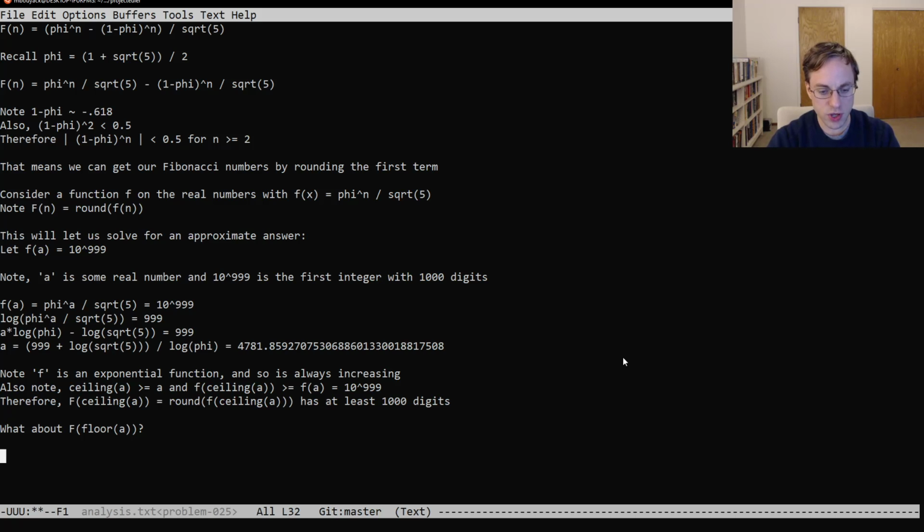Okay, so we'll note that using similar reasoning to what we wrote up here, floor of A is less than or equal to A, and f of floor of A is less than f of A, which is equal to 10 to the 999.